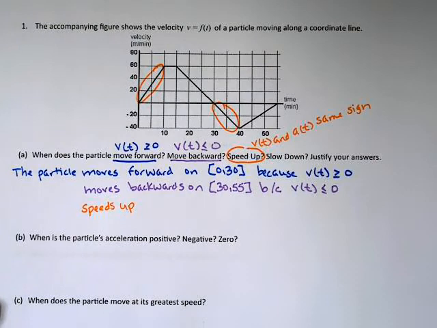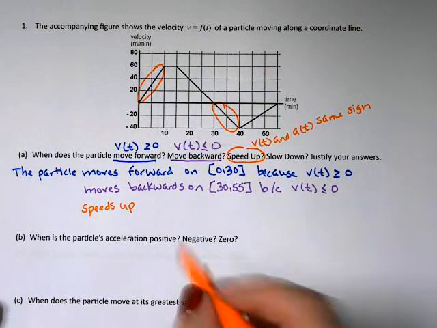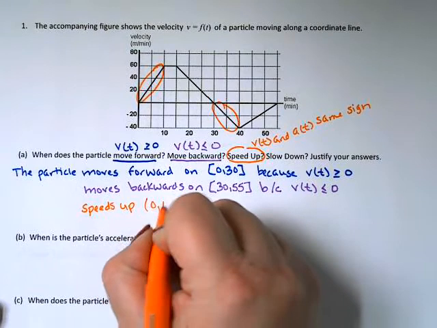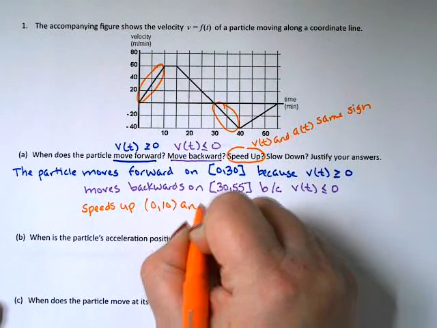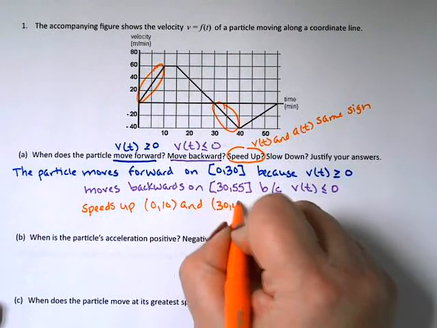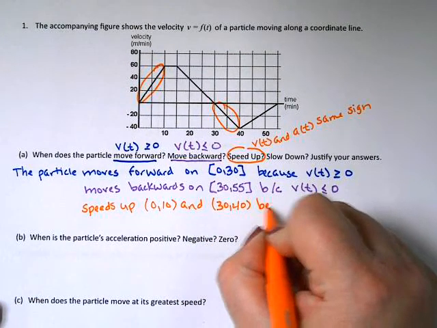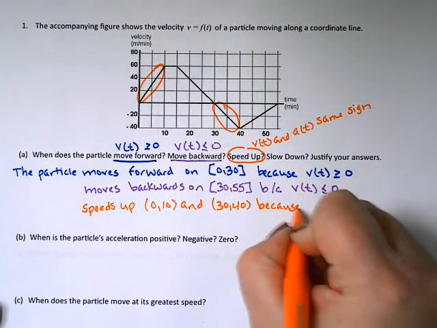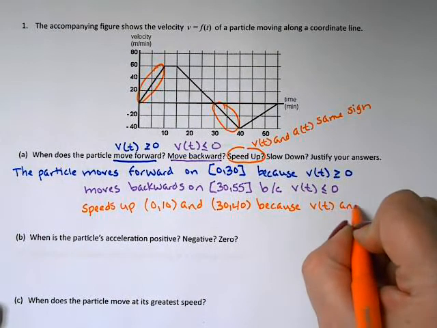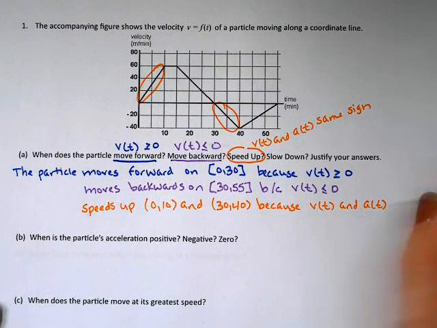So those two intervals right there. We're going to speed up from 0 to 10 and from 30 to 40, because the velocity and acceleration have the same sign.